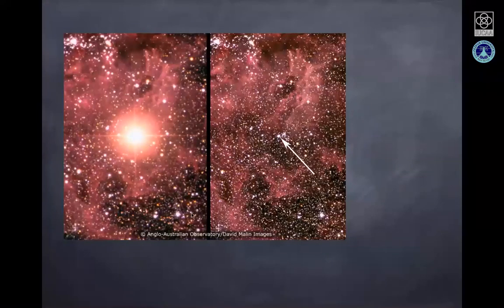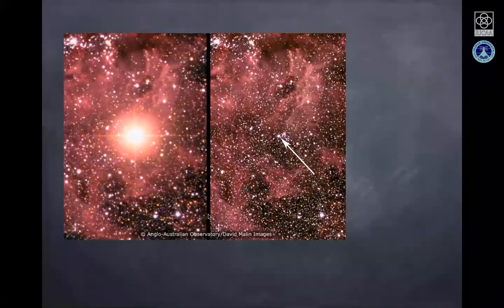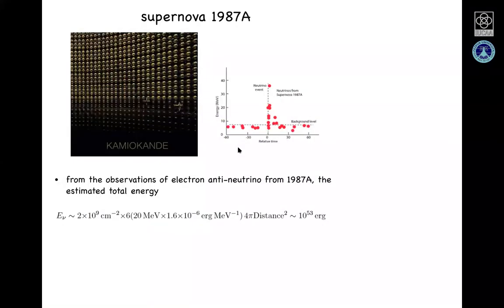This is the explosion that was spotted in 1987. That's supernova 1987A, and the antineutrinos were seen. The electron antineutrinos were collected in Kamiokande 2 in Japan. You can see that this is the background level of neutrinos, and suddenly there was a spike, the spike due to the neutrinos from supernova 87A.